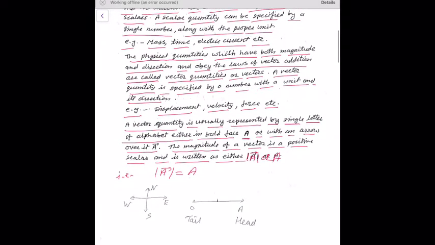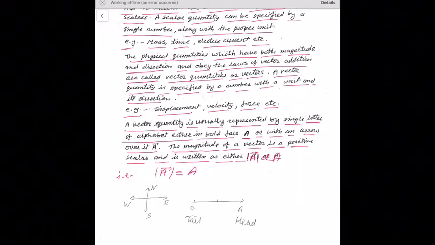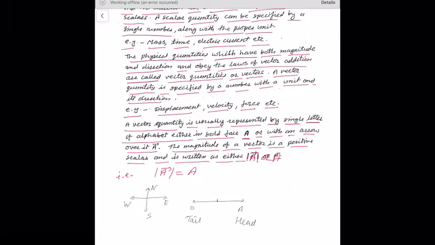A vector can be represented by a straight line with an arrowhead on it, that is, an arrowed line. Here the length of the line drawn on a suitable scale represents the magnitude of the vector and the arrowhead represents the direction of the vector.